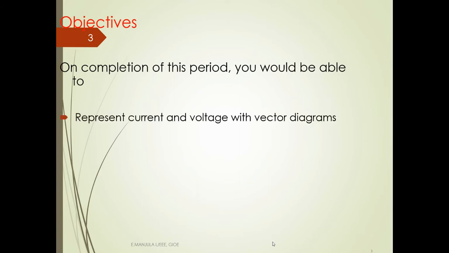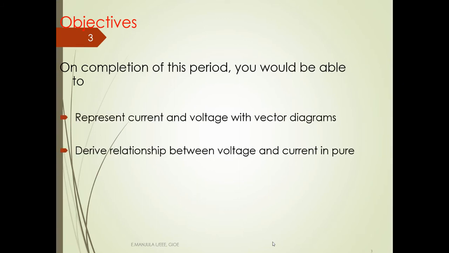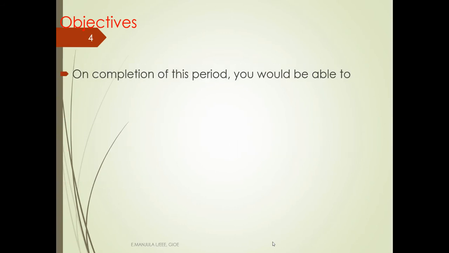So today in this session we will discuss the representation of current and voltage with their vector diagrams, and the derivation of the relationship between voltage and current in a pure resistor, inductor and capacitor.